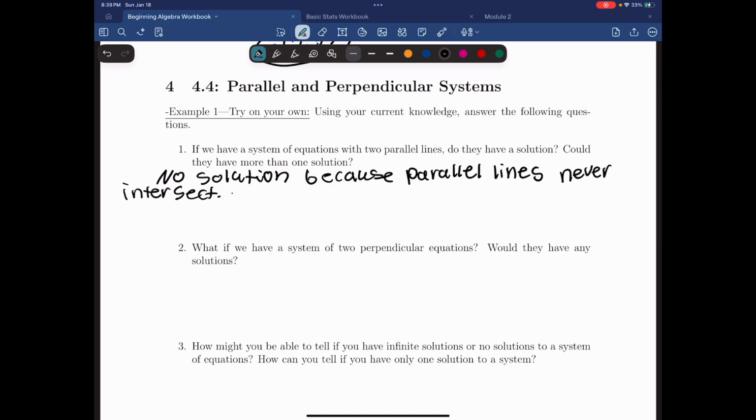Although there is an exception, and that is unless we have the same linear equation with the same slope and y-intercept.